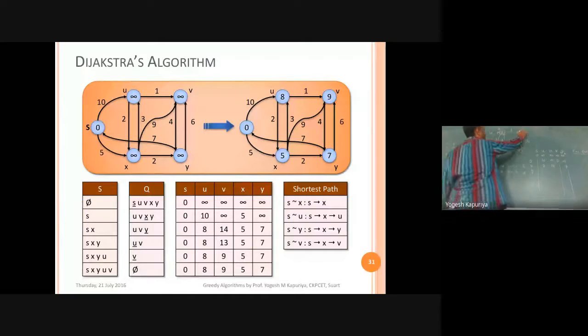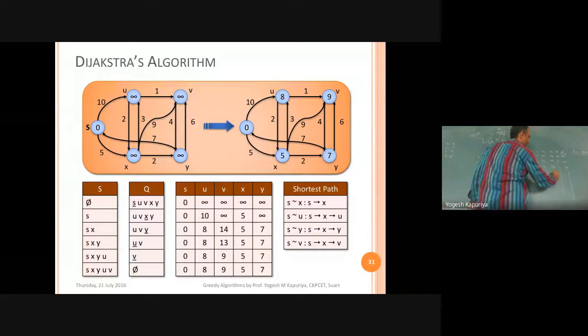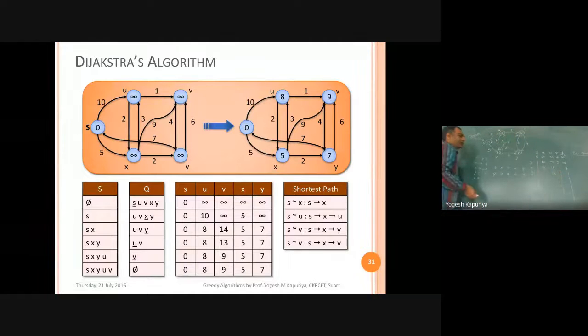So that means this should be considered. 13, and parent of B is Y. Okay, so that's it. This will be as it is, no change.